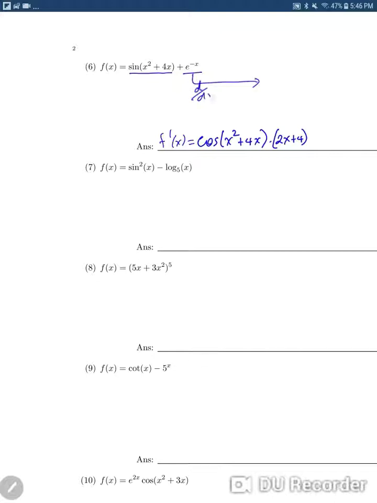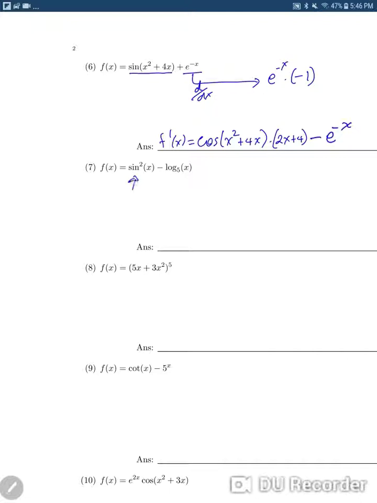The derivative of e to the minus x is e to the minus x times the derivative of minus x, which is minus 1. So that gives me negative e to the negative x. So minus e to the negative x. I had plus here, so that's why I put minus.